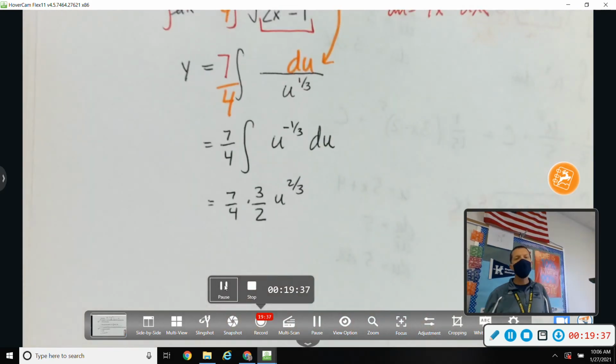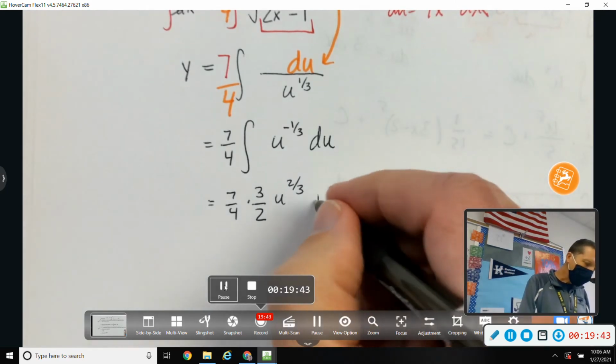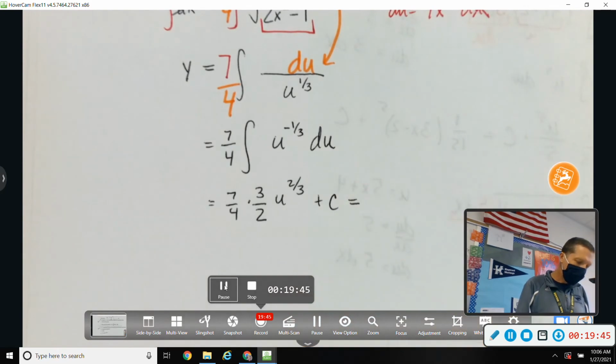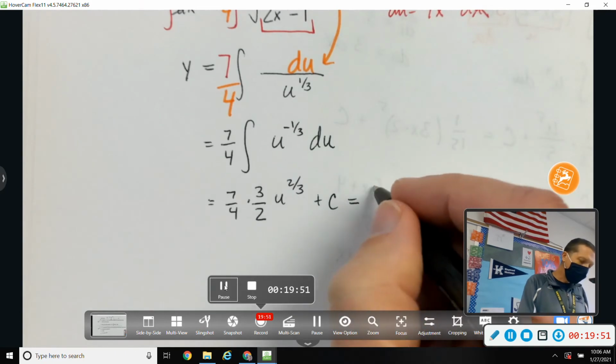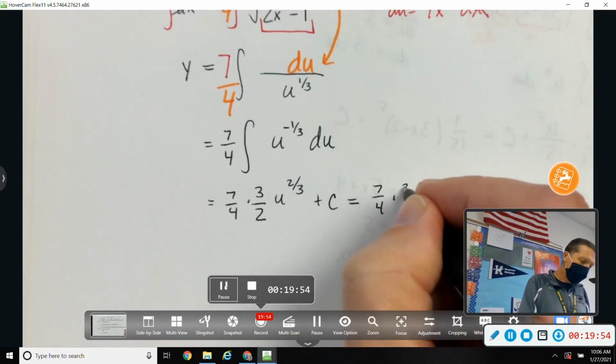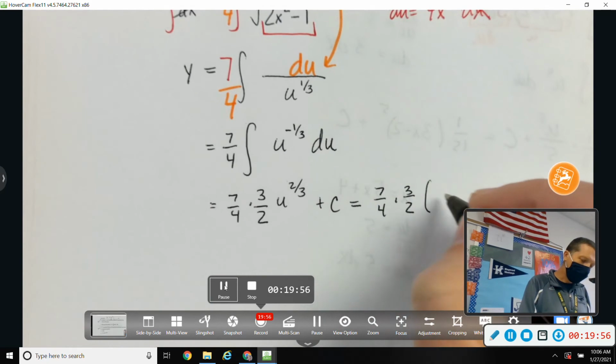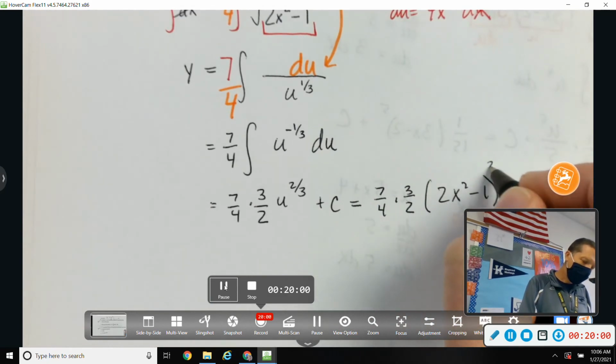And again, safe stop means I don't have to multiply those. I can just leave them both there. Plus c. So 21 over 8 if you want to. If you don't want to, that's fine. Leave them like that. 2x squared minus 1 to the 2/3 plus c.